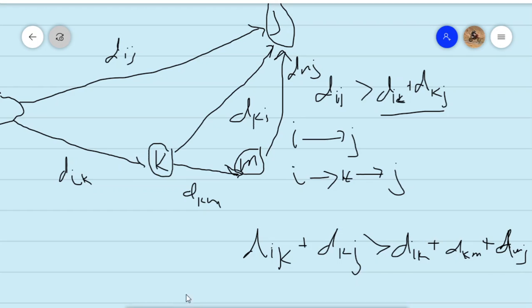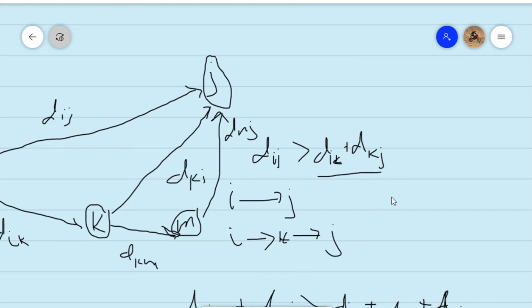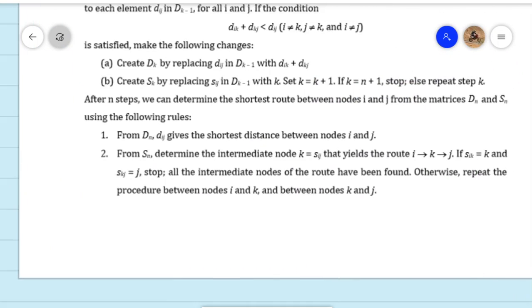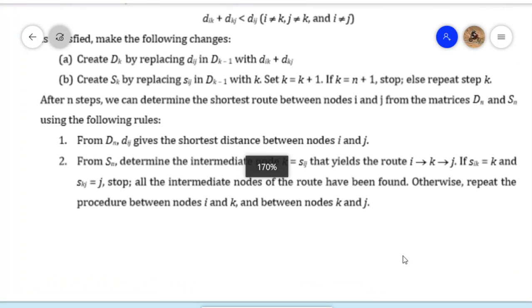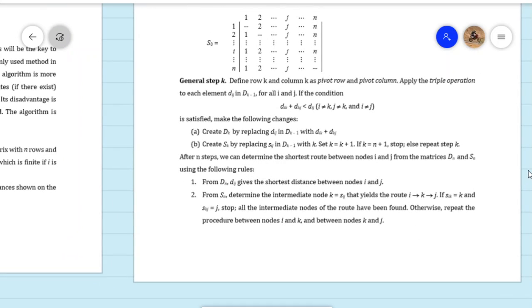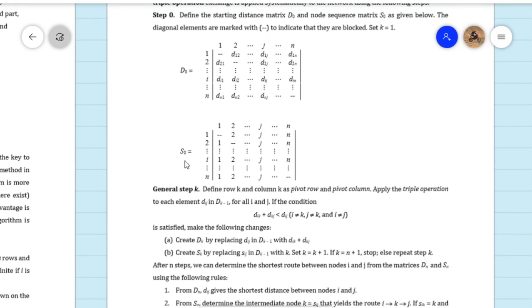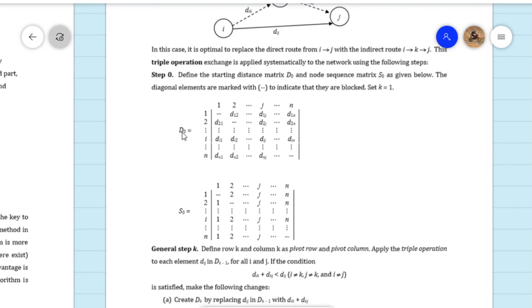Okay, so that is the idea of what we call the triple operation applied in Floyd's algorithm. The algorithm makes use of two matrices, namely D and S. The D matrix would tell us the shortest distance between any pair of nodes in the network.